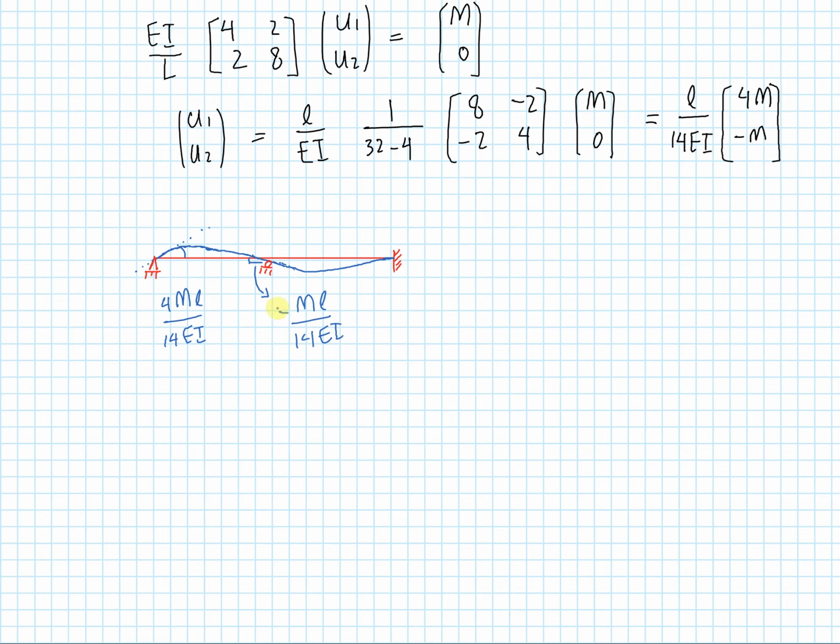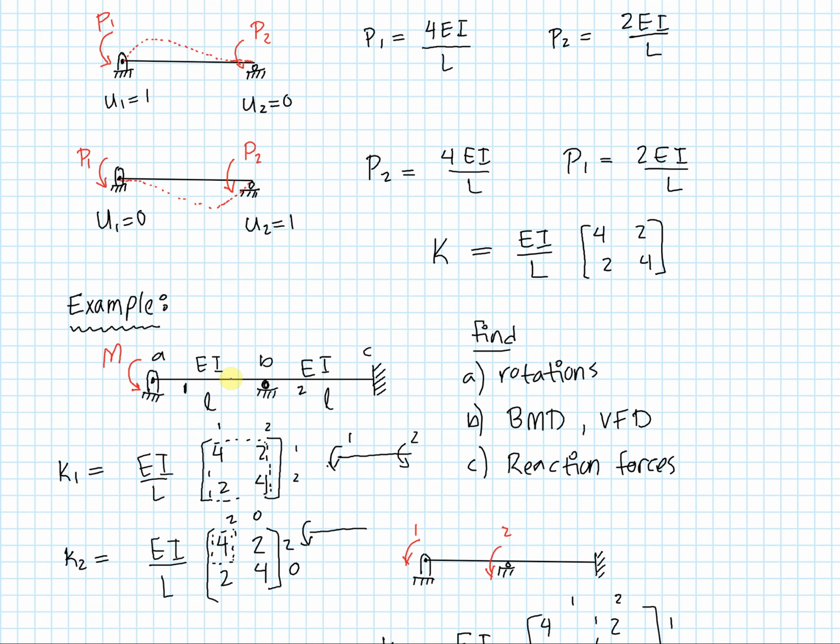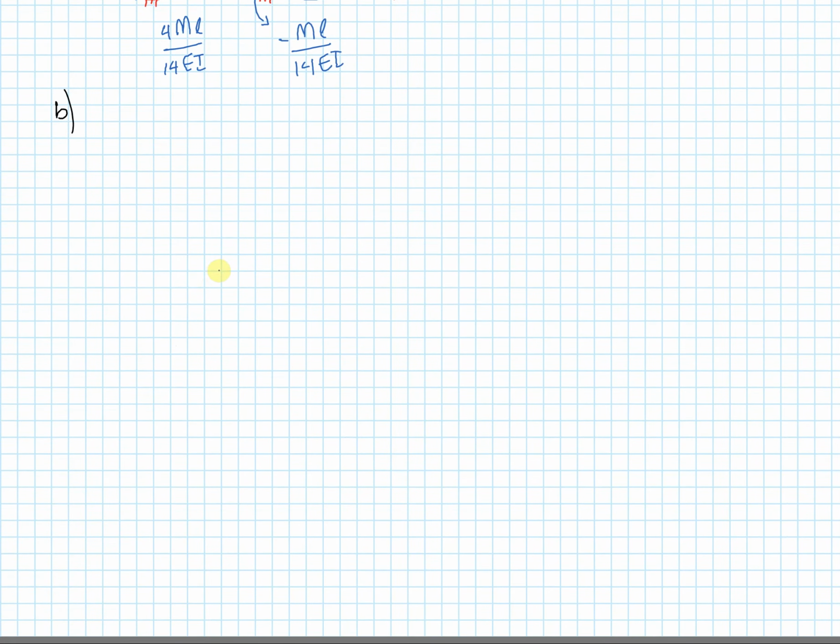The second question that was asked of us is, okay, so what are the bending moment and the shear force values? Okay, let's do that. So we're doing part B. So if I went back to page 1, I should probably label this as part A, and so now we're moving to part B. Okay, so for member 1, I got P1 is equal to K1 times U1.